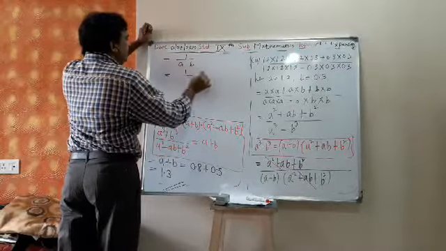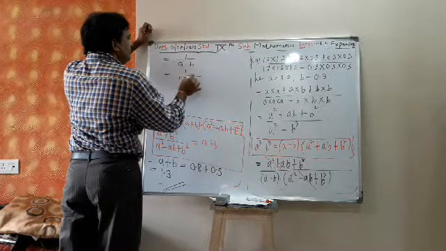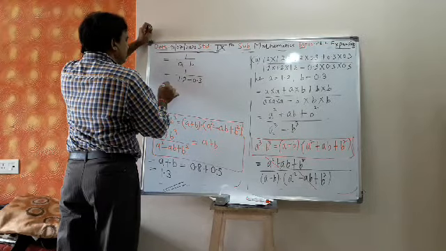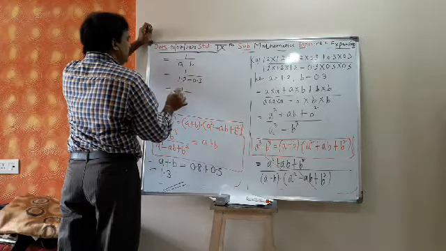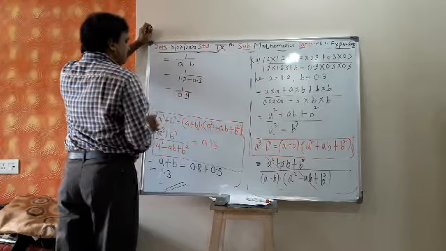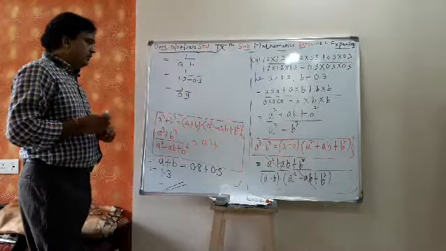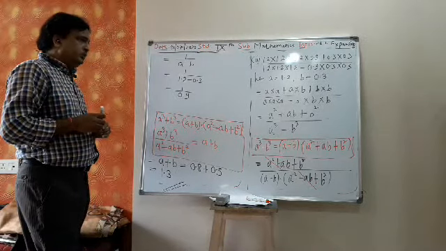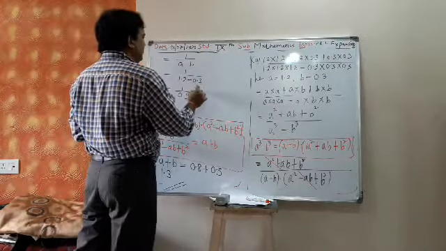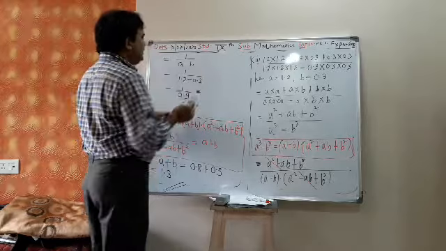So 1 upon a minus b, where a is 1.2 and b is 0.3. 1.2 minus 0.3 is 0.9. 1 upon 0.9, and this is the answer. How can you write minus 0.9?